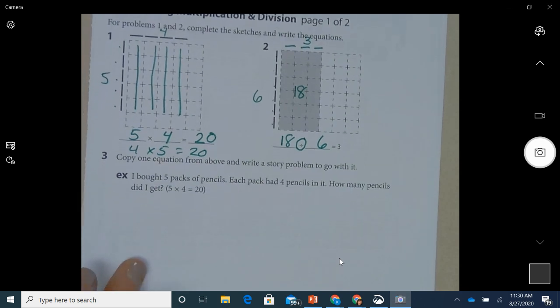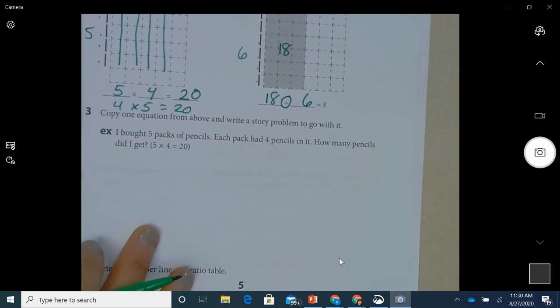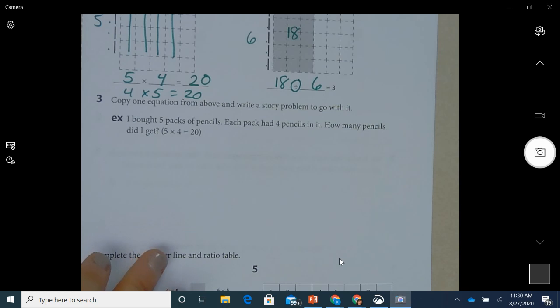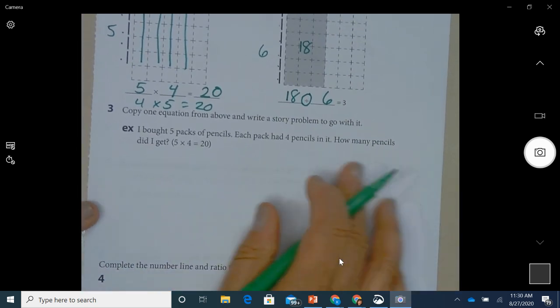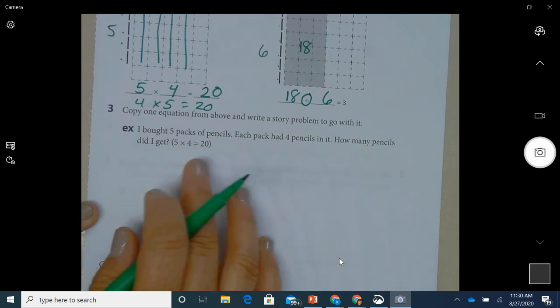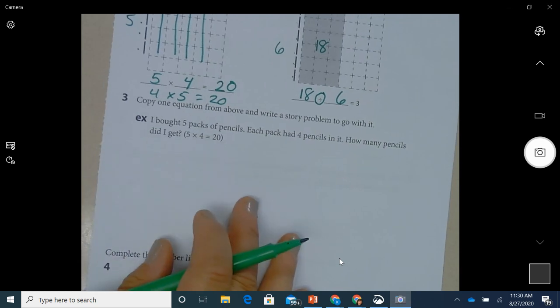Okay. Number 3, it says copy one equation from above and write a story problem to go with it. If I was thinking about that, I could say I bought 5 packs of pencils. Each pack had 4 pencils in it. How many pencils did I get? You could do that.